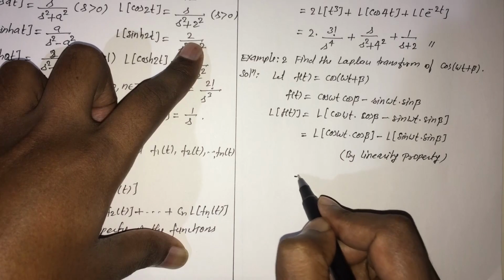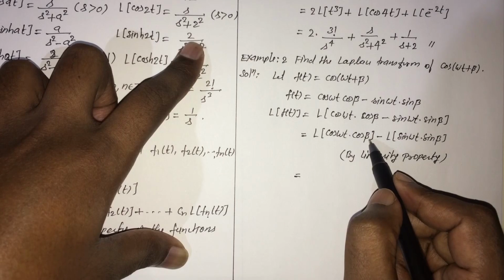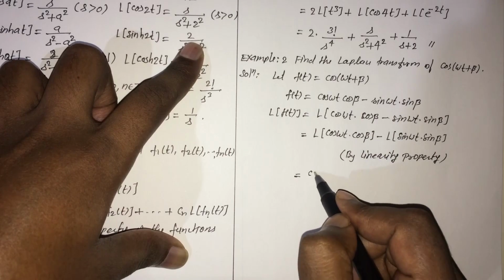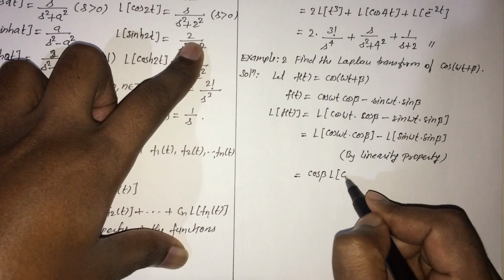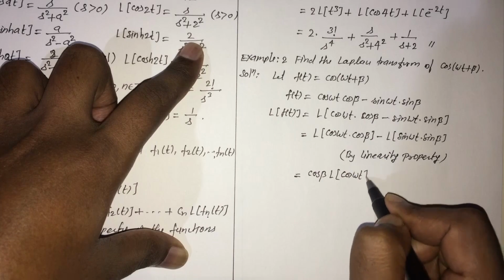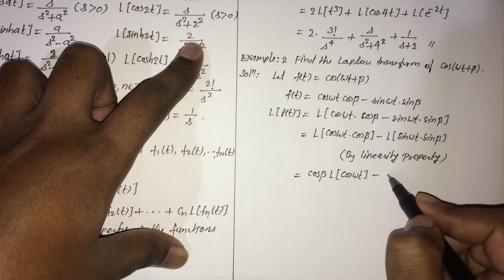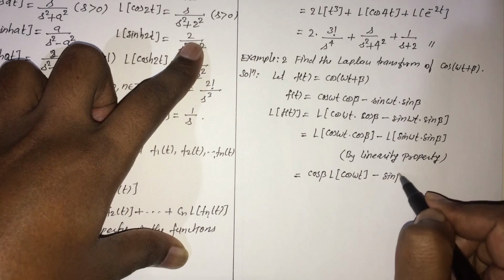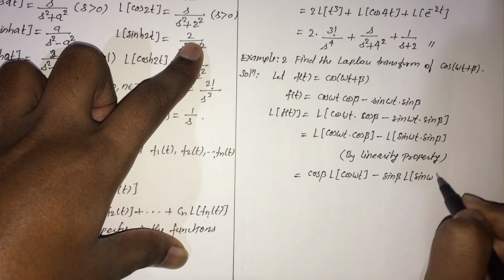So again apply the linearity property. See here cos beta is a constant, taking outside. So we write here cos beta Laplace transform of cos omega t minus, yes, sin beta is a constant, take outside, sin beta Laplace transform of sin omega t.